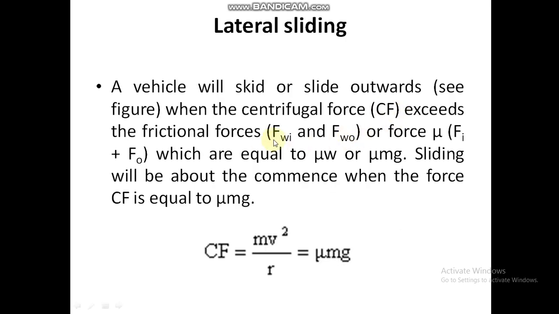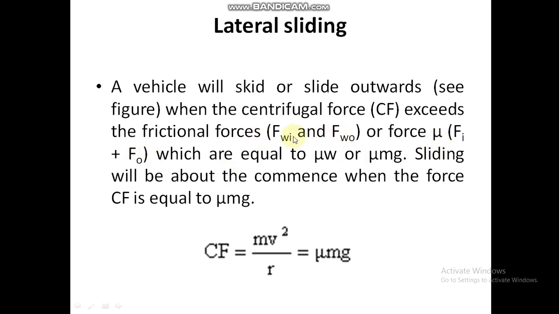Now, this Fwi can be written as mu Fi because you know that friction force is equal to mu into Rn, mu into normal reaction. So Fwi can be written as mu into Fi and Fwo can be written as mu into Fo.